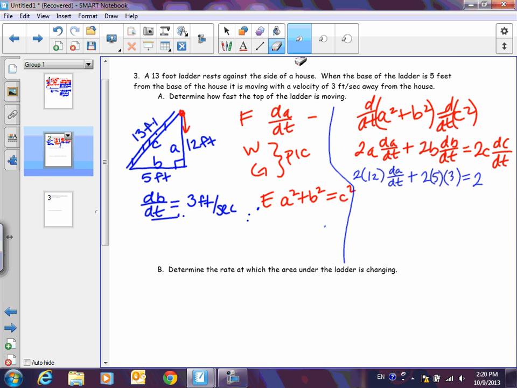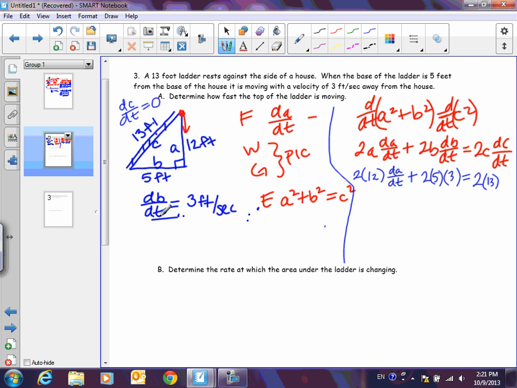Yeah, we don't know, or they don't tell us dc over dt. Now, what did I say that usually means? It's usually 0, or it's so obvious, like we should know it for some reason, okay? And dc over dt is 0.